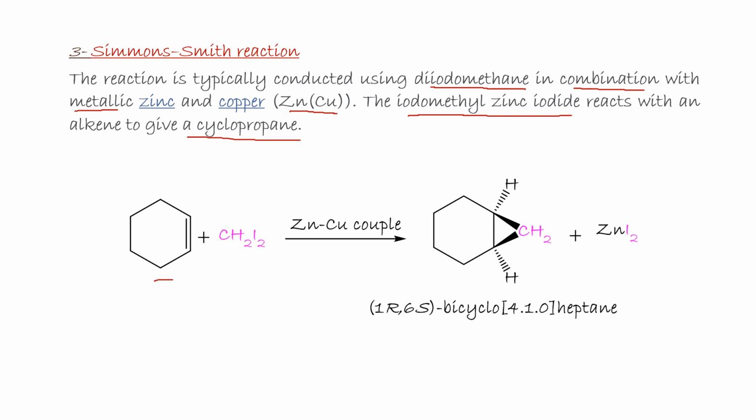So cyclohexene with diiodomethane in presence of zinc-copper couple leads to the formation of 1R,6S-bicyclo[4.1.0]heptane.